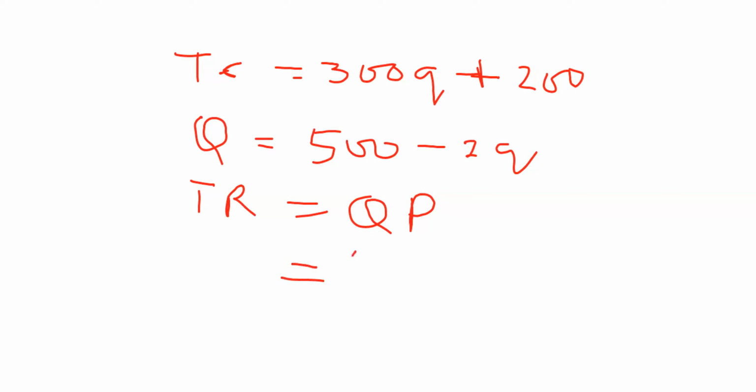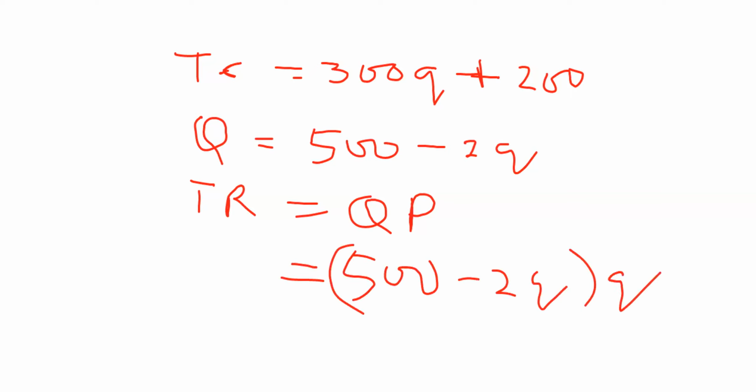That means this will be 500 minus 2Q multiplied by this quantity, which is now price. Our Q is price. So we can write let price be small q, and our price will also be X. I haven't seen our P here.